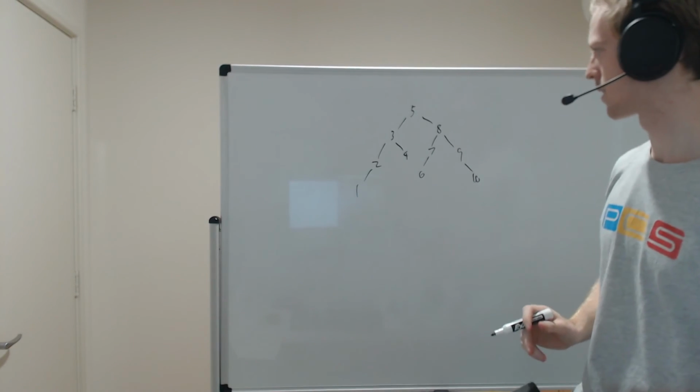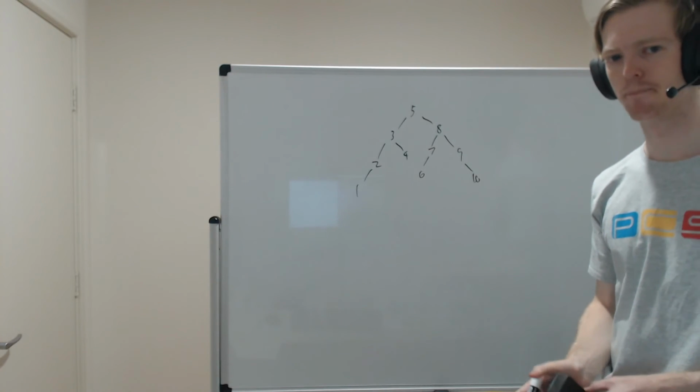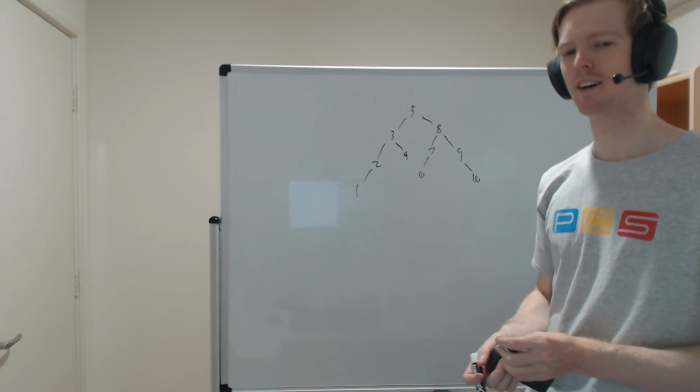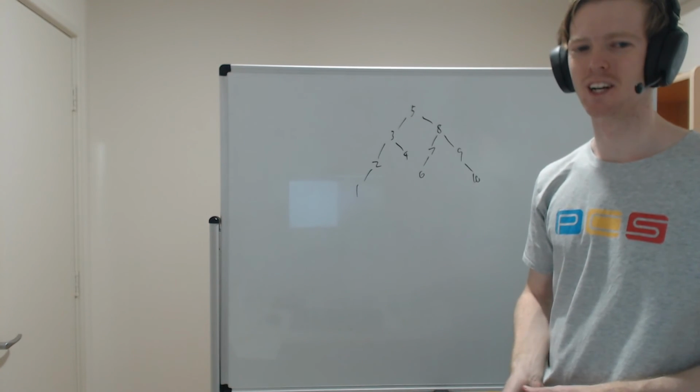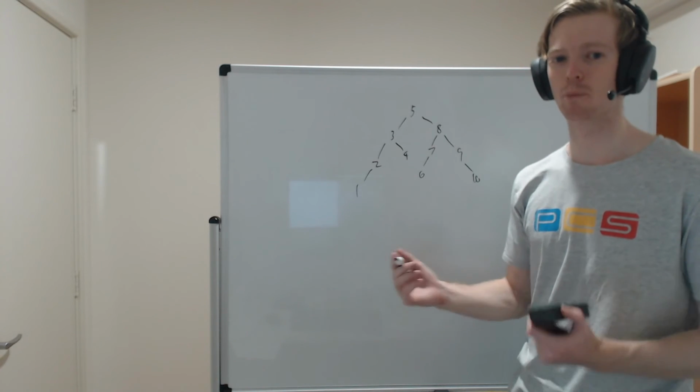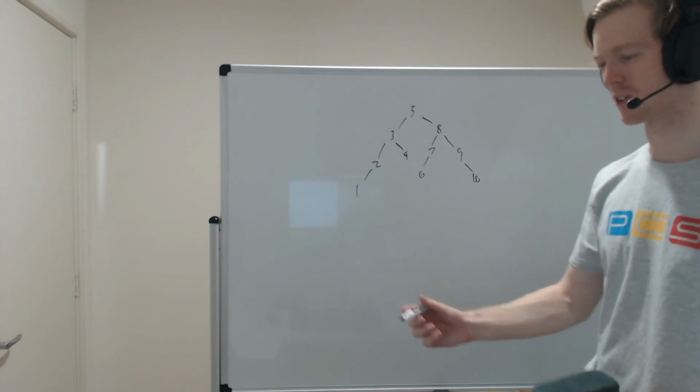Cool. So this is an example of a binary search tree. And all these traversals are special ways of visiting nodes in this tree. So we'll start with what pre-order looks like. Oh, sorry, no, what in-order looks like.